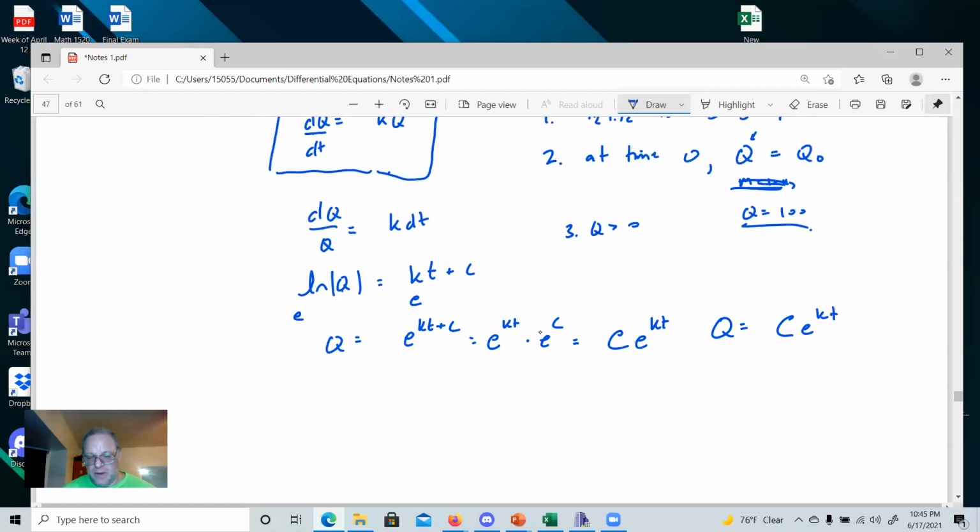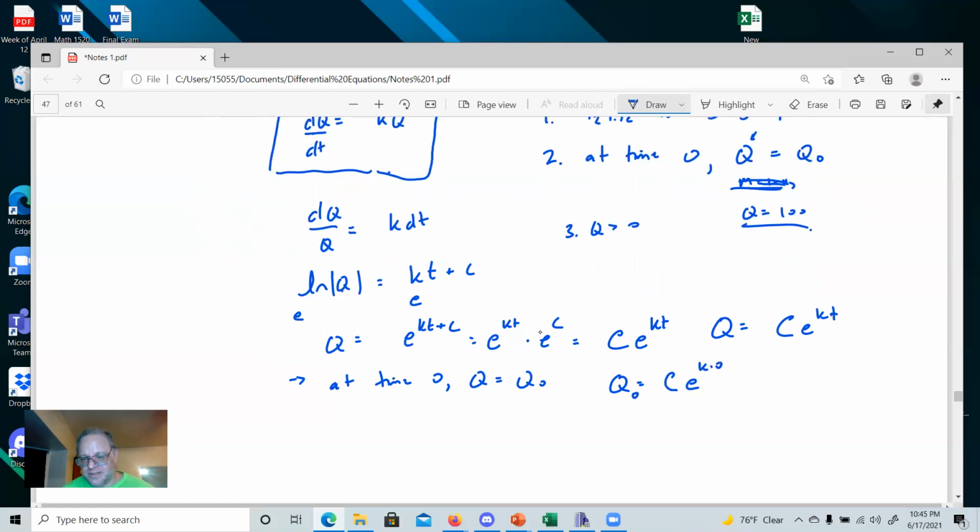Right? Now we're going to note that at time 0, q was equal to the original amount. So q naught is equal to c, and then e to the k times 0.